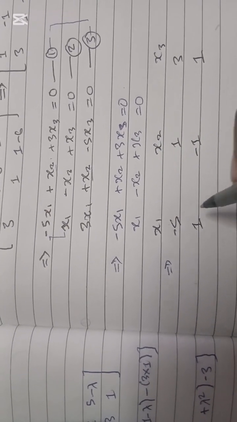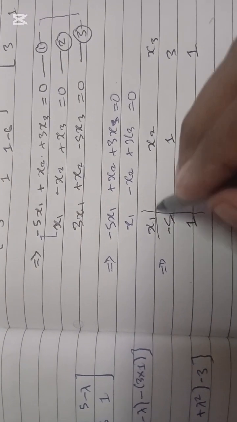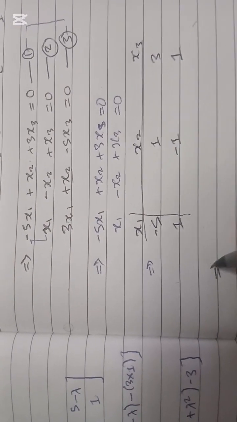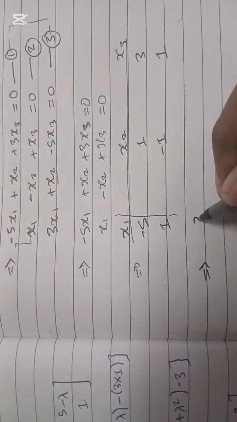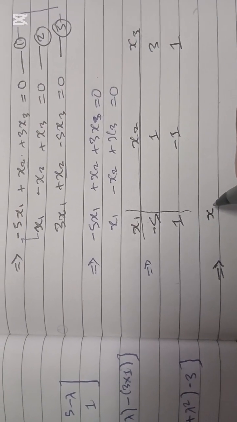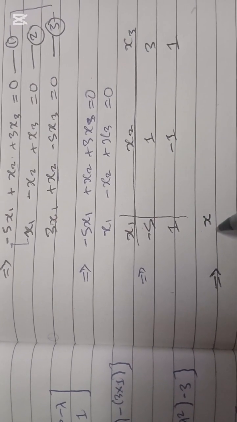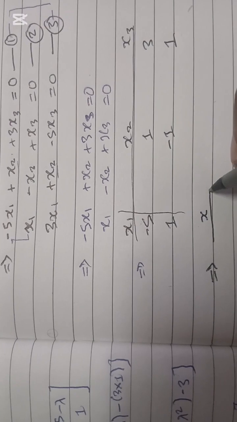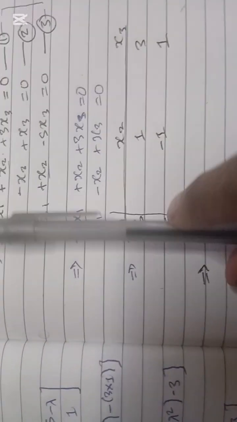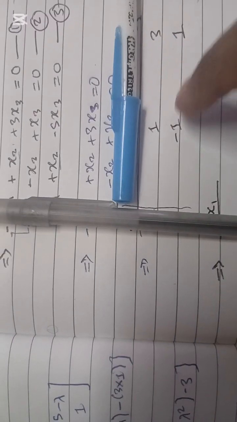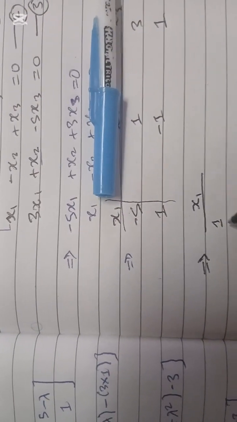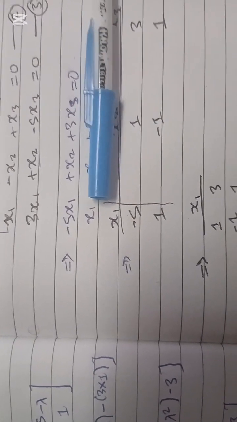From here we just solve it like this, the same way that we did in the first part to find the eigenvalues. For our x1 value, we'll do it like this and cross like this. Our x1 value uses 1, 1, 3, 1, 1, 3, 1.